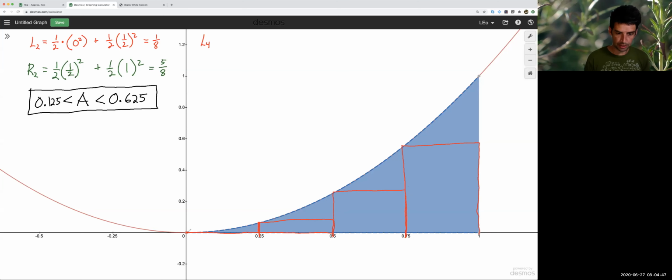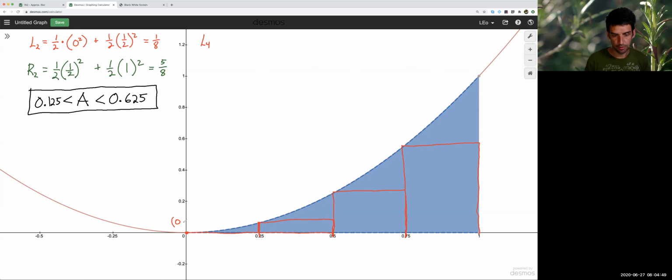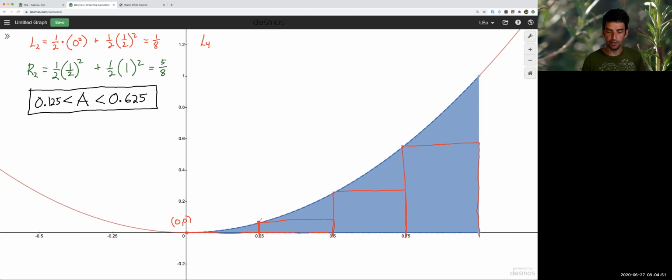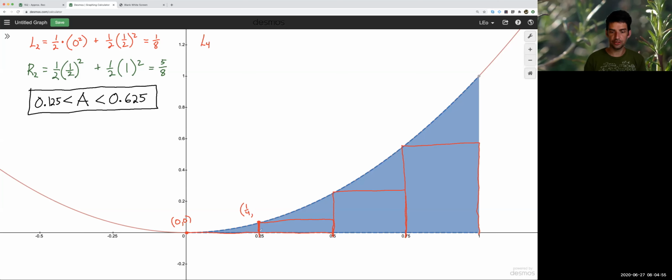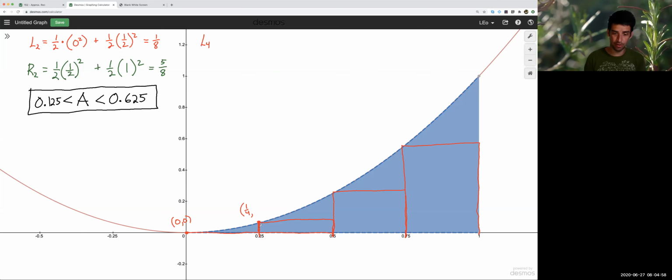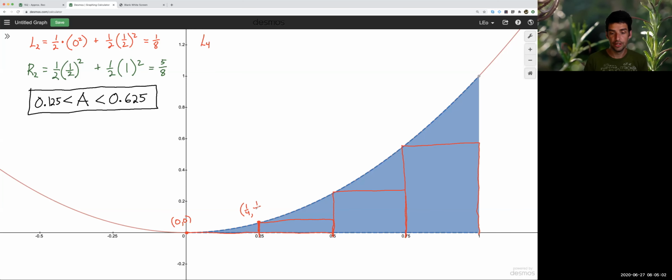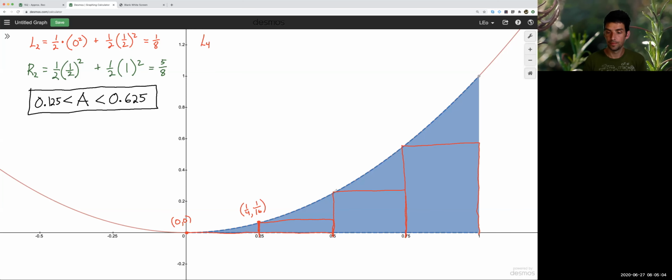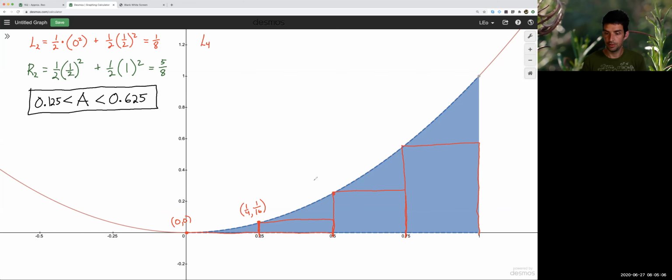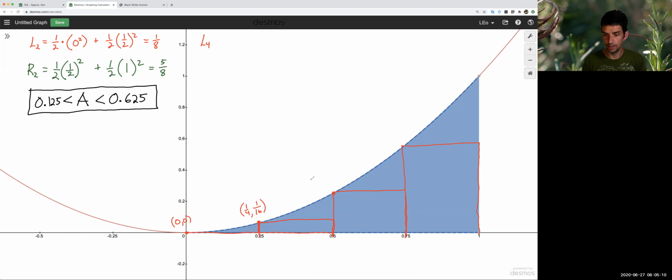Okay, so let's put in these points. We've got 0, 0. So here we've got 1/4 is the x-coordinate. The height is the value of the function at this left endpoint. 1/4 squared is 1/16. Here we're at 1/2. 1/2 squared is 1/4.